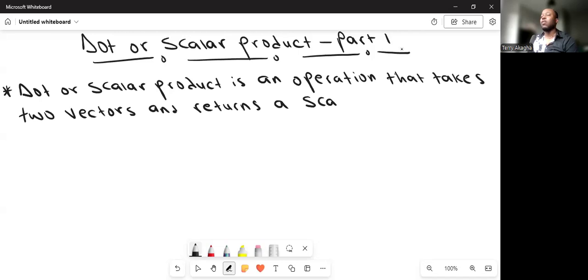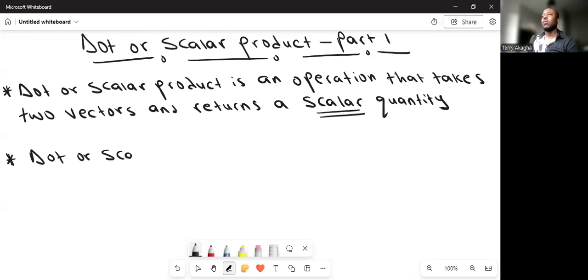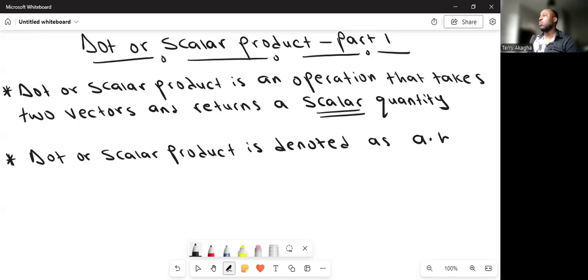So it takes two vectors and returns a scalar quantity, and that is what we call the dot product. And also, dot or scalar product is denoted as A dot B. Is that making sense?